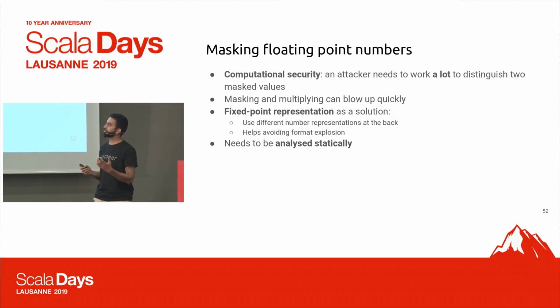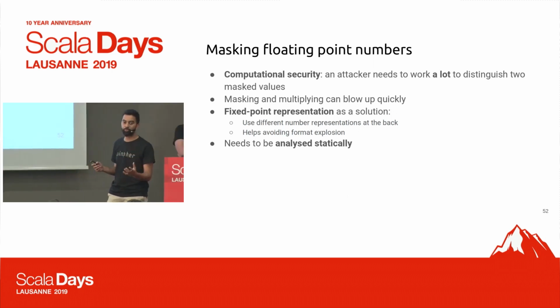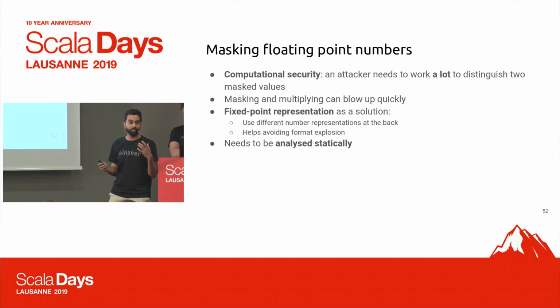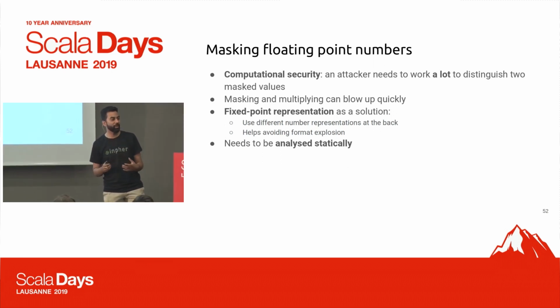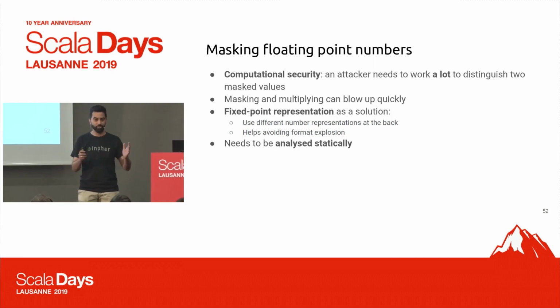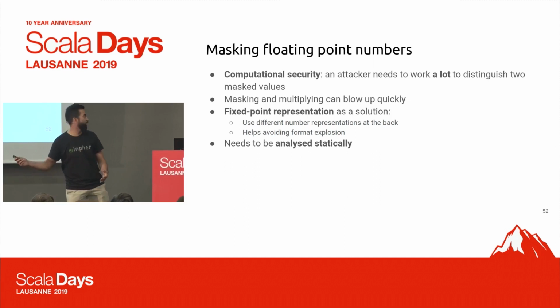And these different number representations help us avoid this format explosion, or we at least don't explode as quickly. And this is what we analyze statically in the compiler so that we can propagate the statistical bounds correctly to the whole program before we send it to the engine.